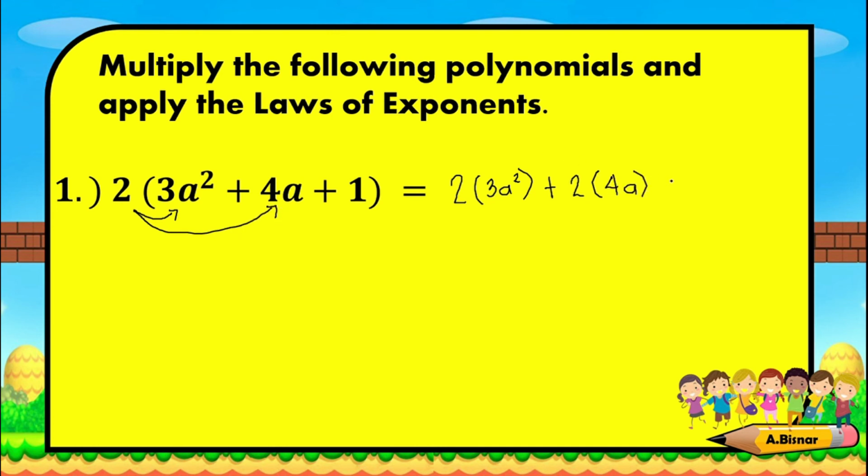And for the last term, we will multiply 2 to 1. 2 times 3a squared, we have 6a squared. Plus 2 times 4a, we have 8a. Plus 2 times 1, the answer will be 2. And so, the final answer will be 6a squared plus 8a plus 2.